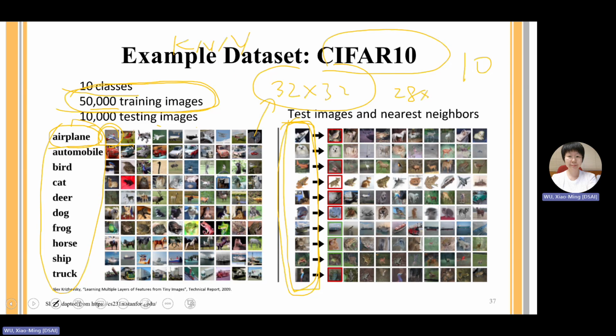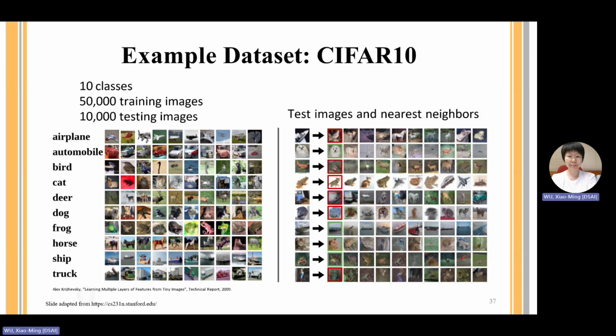Given a test image, for example this airplane, how can we do classification? We have 5,000 training images.